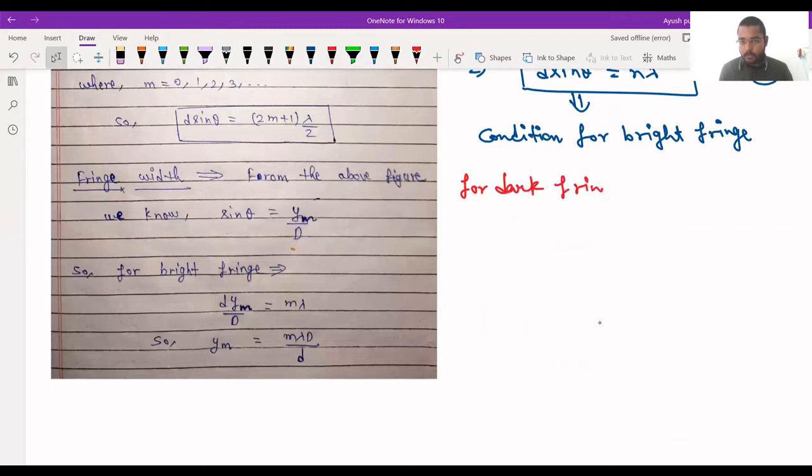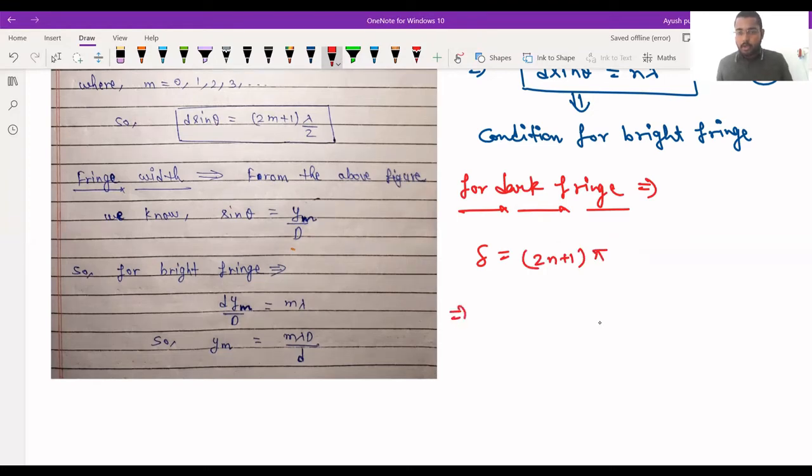For dark fringe, from the discussion of interference, you should be aware that the phase difference for the minimum intensity would be (2n plus 1) into pi.